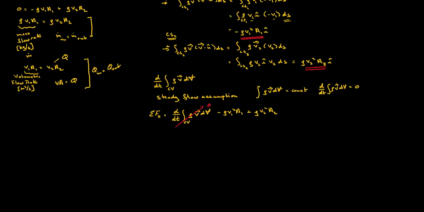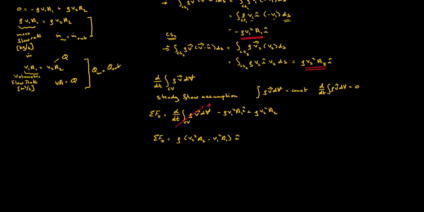So what we're left with is the net force, which I'm calling the sum of the forces, is equal to rho times v2 squared a2 minus v1 squared a1, and all of this is in the i direction.